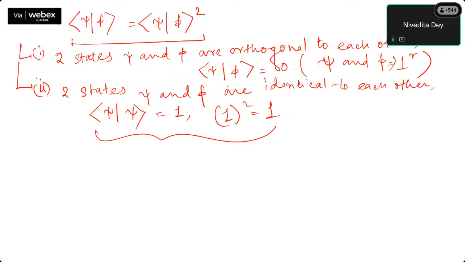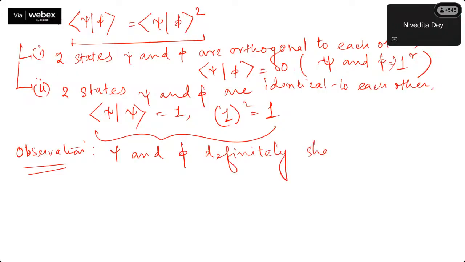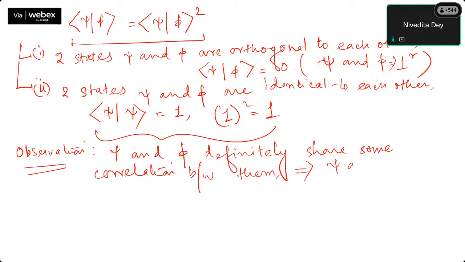But one thing is guaranteed, the most important observation here is that psi and phi definitely share some correlation between them, implying psi and phi are not two arbitrary quantum states.